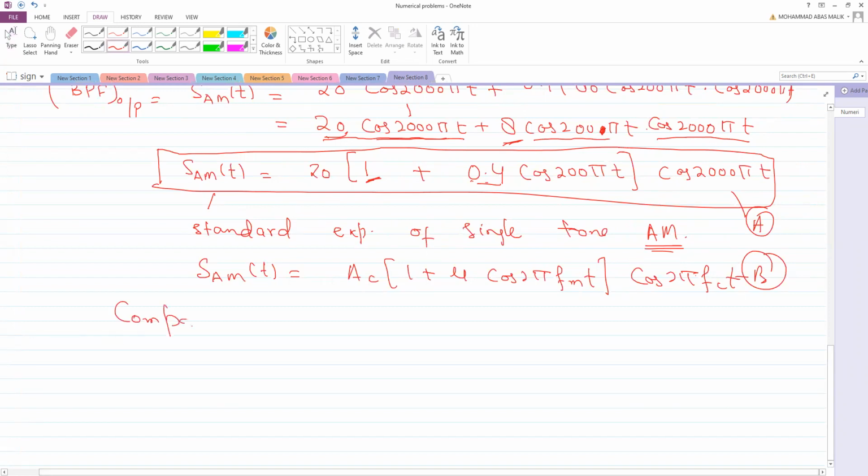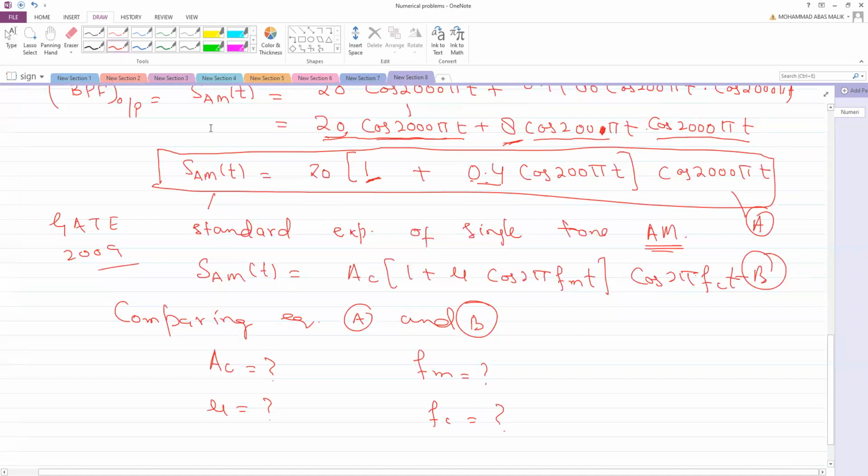Comparing equation A and B, please tell me the values of Ac, mu, fm, and fc. This question came in GATE 2009, I think.